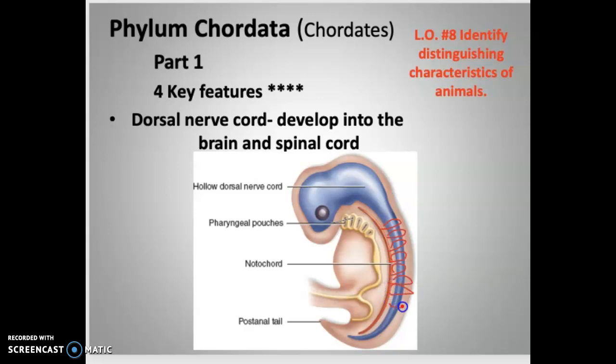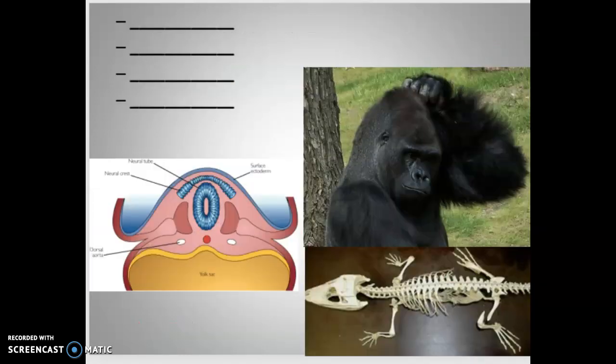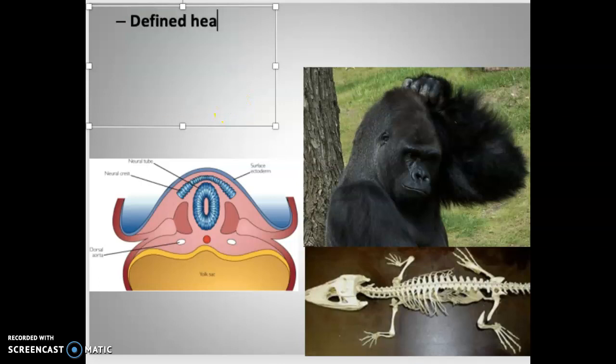Okay, so all members of the subphylum Vertebrata have that key feature, number 1. Number 2 for key features is all members of our subphylum have a defined head.